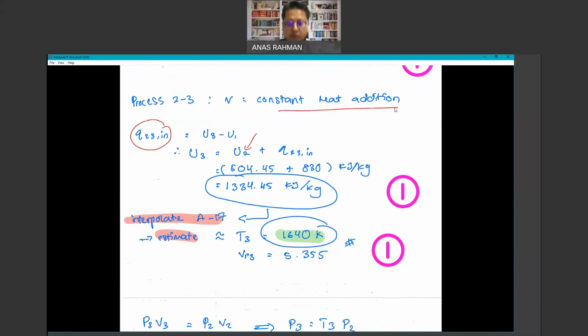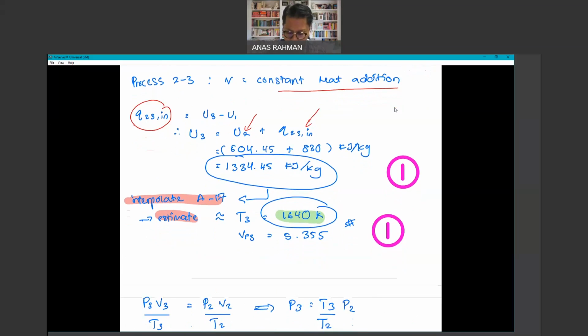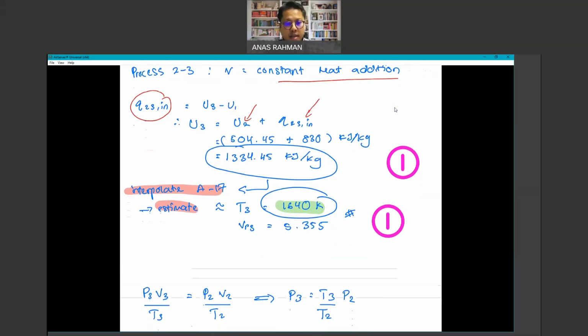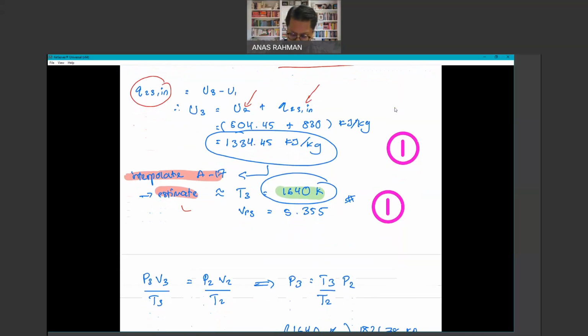We know U2 from before because we get that from the table, and we are given the Q in, which is 830 kilojoule per kilogram. Rearranging everything, you get your U3, then again interpolate, and you get roughly T3 of about 1640 Kelvin.